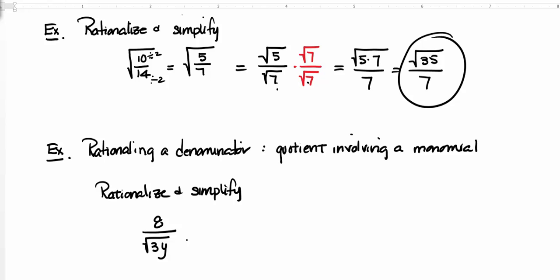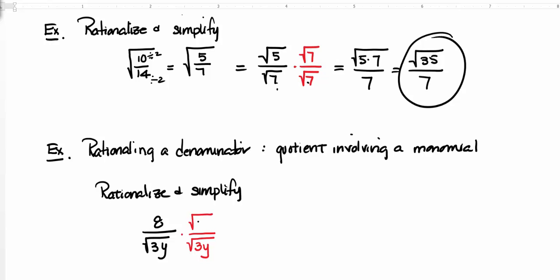And if I look at my rules, I can't have anything that has a square root in the denominator. The 8 doesn't have a radical sign, so I can't put them all together. So the way to get rid of that radical sign in the denominator is simply to multiply it by the square root of 3y again.